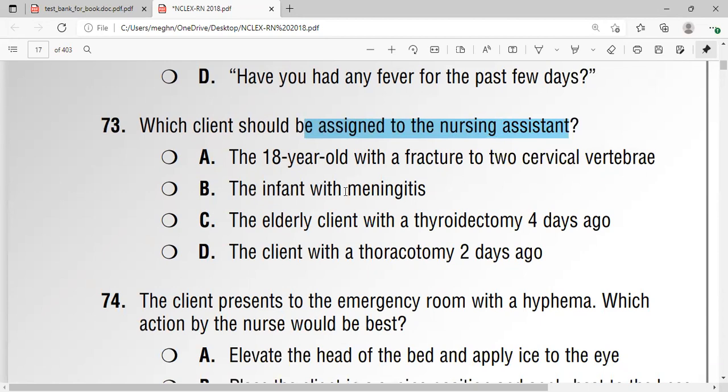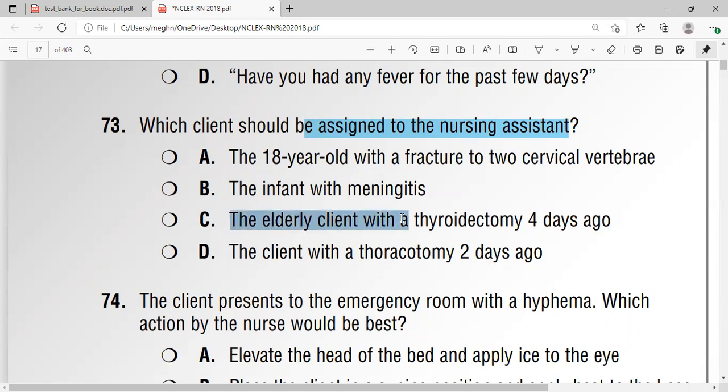B, infant with meningitis. C, elderly client with a thyroidectomy 4 days ago. And D, the client with a thoracotomy 2 days ago. Right? So the correct answer here is number C.